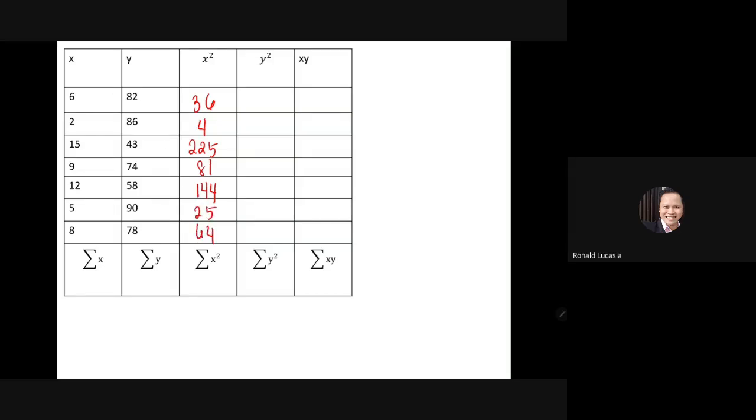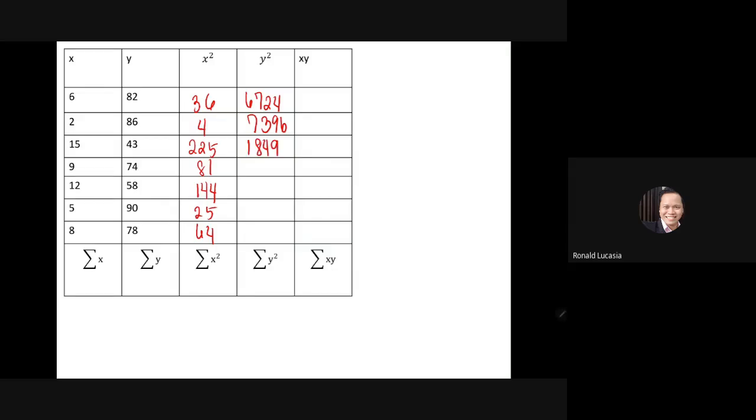The fourth column, rather, is to multiply y by itself. So that's 82 times 82, that is 6,724. 86 times 86, that's 7,396. 43 times 43, that is equal to 1,849.